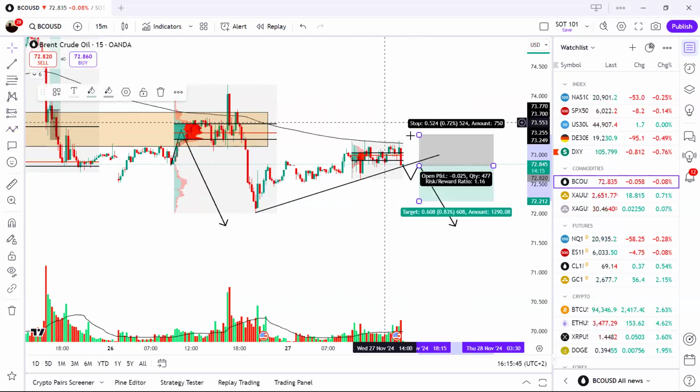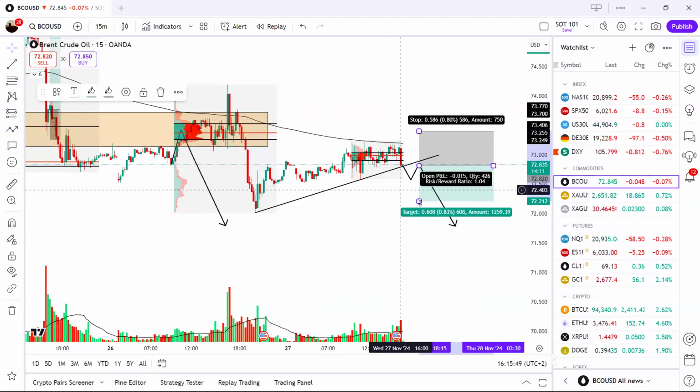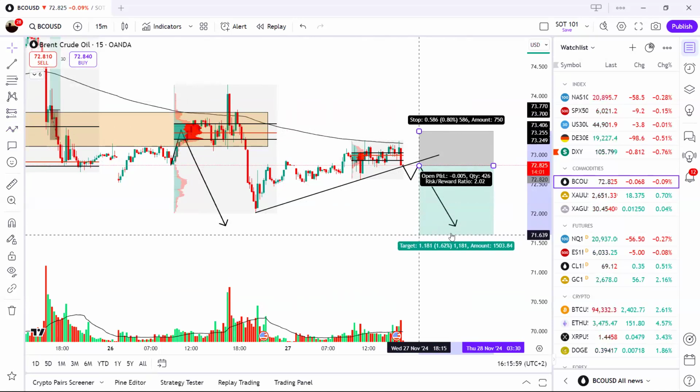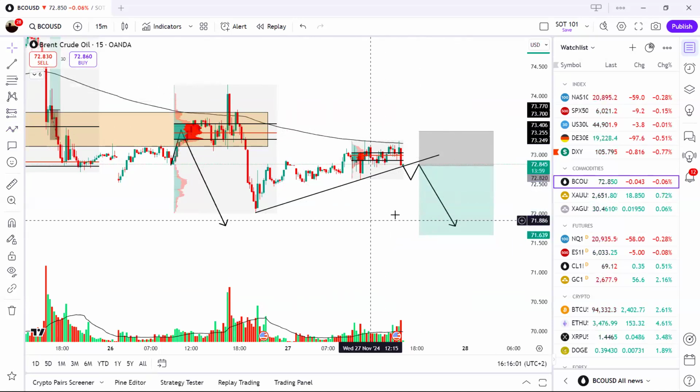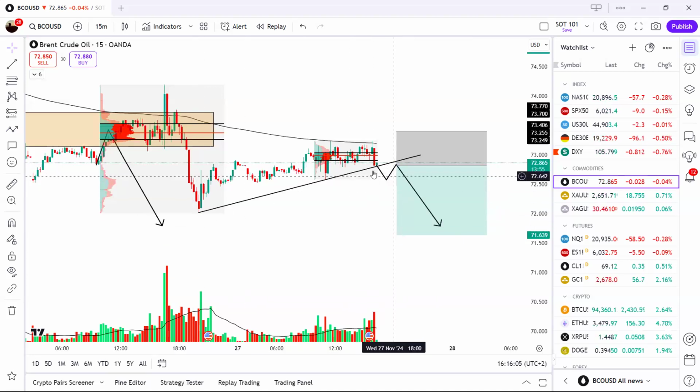Stop loss would be just above yesterday's session point of control, with a take profit at a risk to reward ratio of 1 to 2. So let's see if we can get this nice reaction or if we are going to bounce off of this trend line.